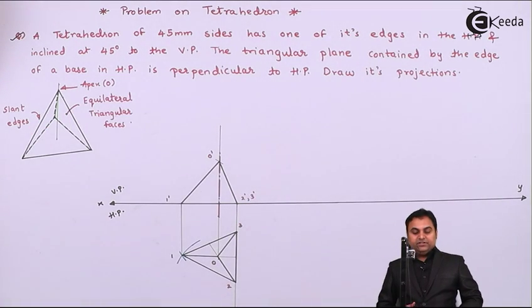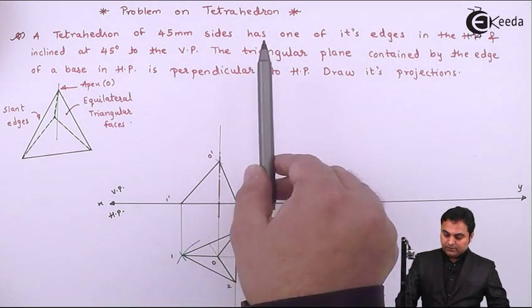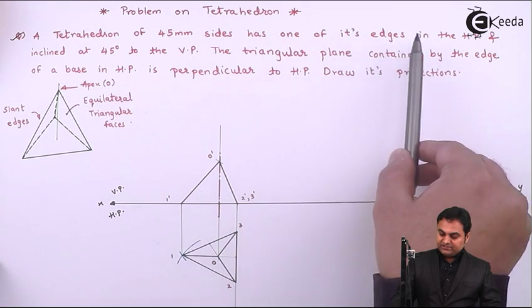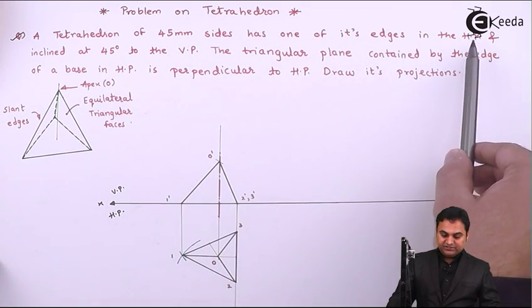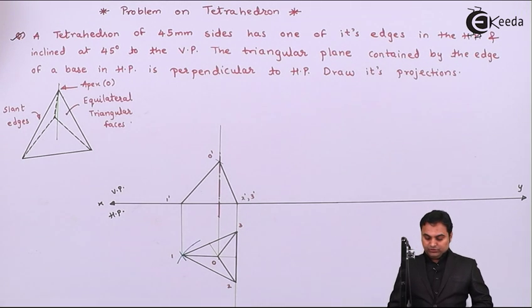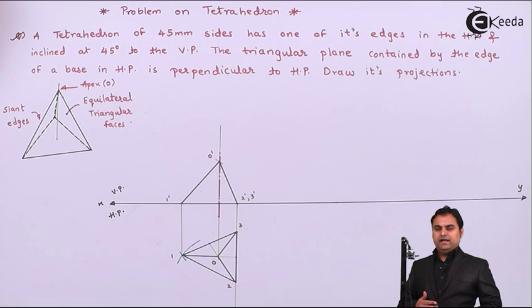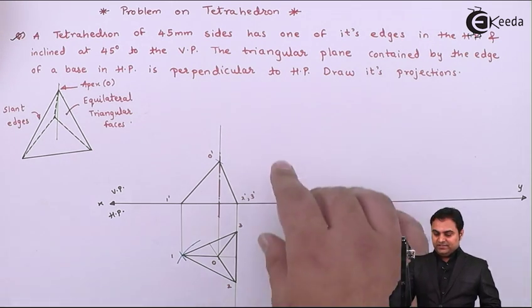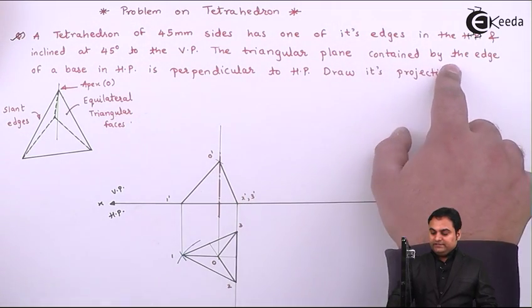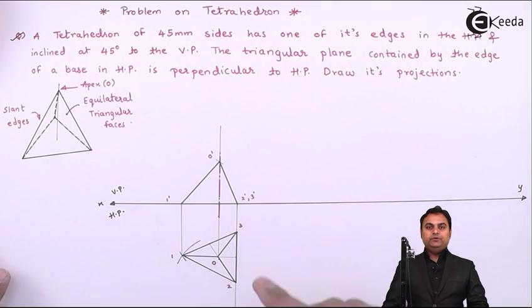Then after completing the initial condition, the next thing given in the problem is, the tetrahedron has one of its edges in HP and inclined at 45 degree to VP. So the edge on which it is resting will be made inclined to VP, and this is nothing but the last condition. The second condition is the triangular plane contained by the edge of base in HP is perpendicular to HP.